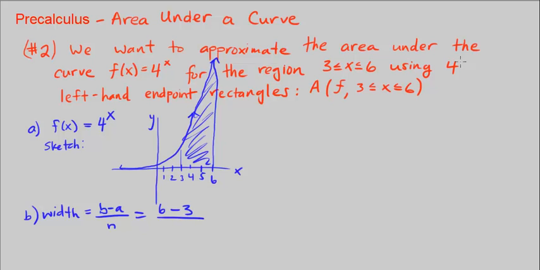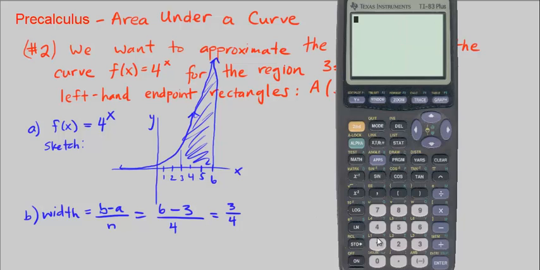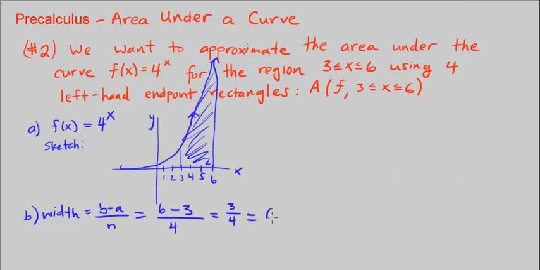And n is the number of rectangles, and we are given to use 4 rectangles. So 6 minus 3 is 3 over 4. Plug that in your calculator, it's 0.75. 3 divided by 4 is 0.75. So this is the width of each rectangle.